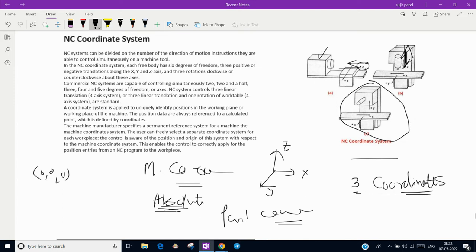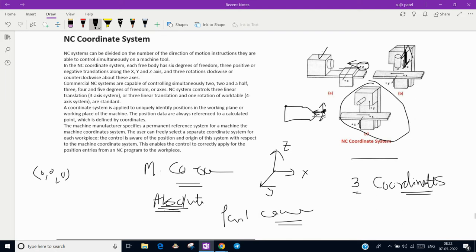Third one is the part coordinate. Suppose you have made a part like this circular taper shaft, and you have given the zero from here, or someone can give the zero from there. This is the reference from which the coordinate starts. The coordinates that you give on the part are called part coordinates.